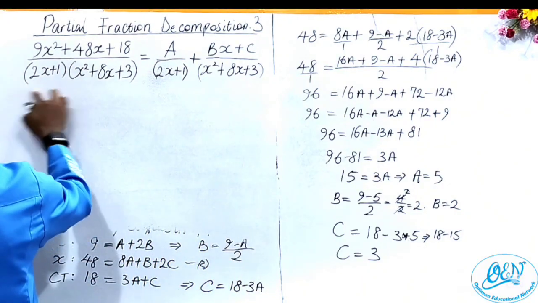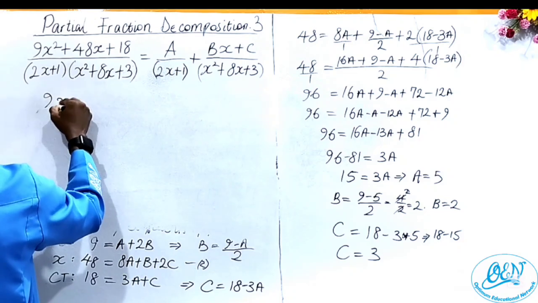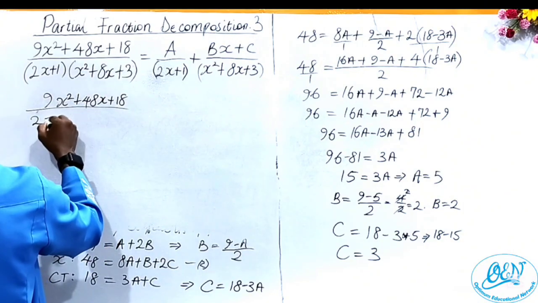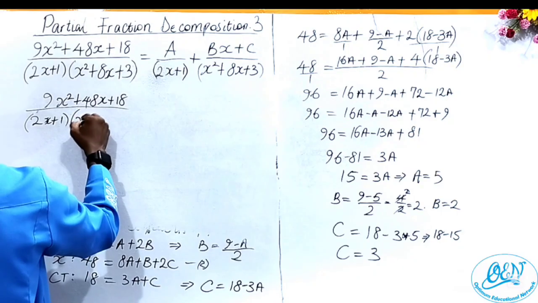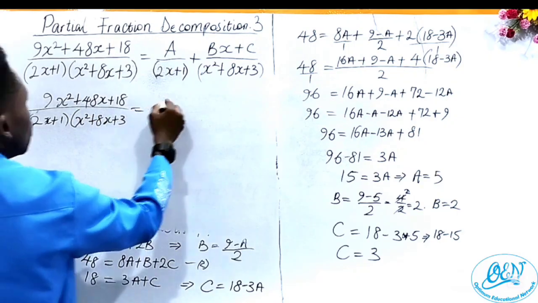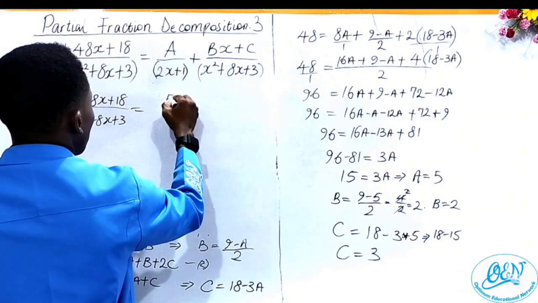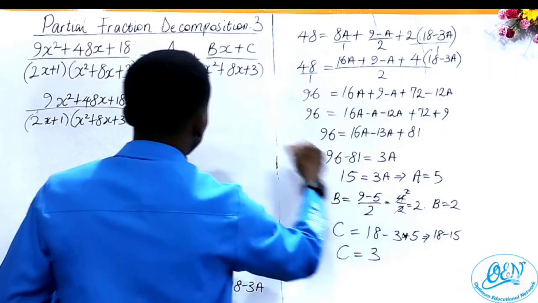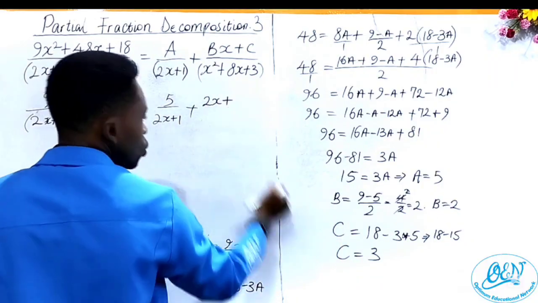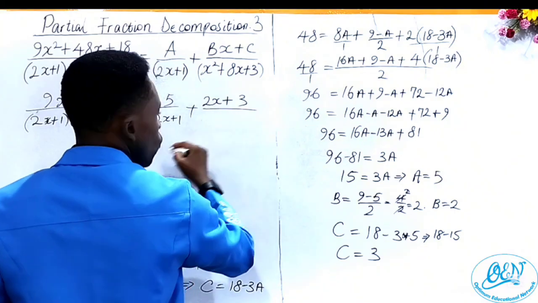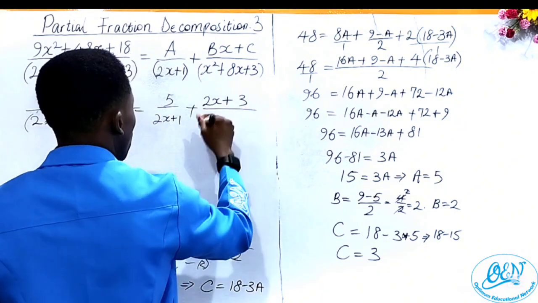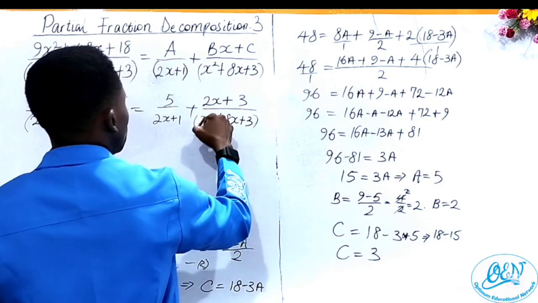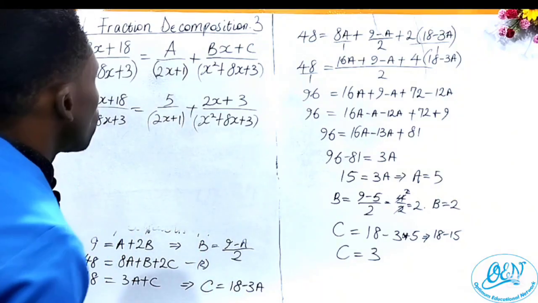This fraction, 9x squared plus 48x plus 18 over 2x plus 1 times x squared plus 8x plus 3, will be, a is 5, so we'll have 5 over 2x plus 1 plus, b is 2, so 2x plus c is 3, 2x plus 3 over our quadratic expression. So this is our required partial fraction.